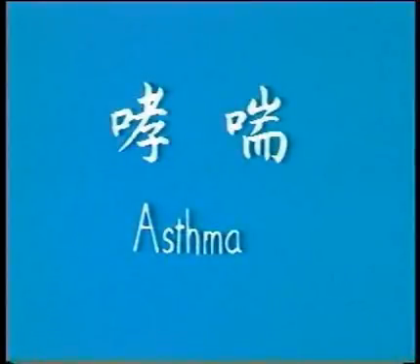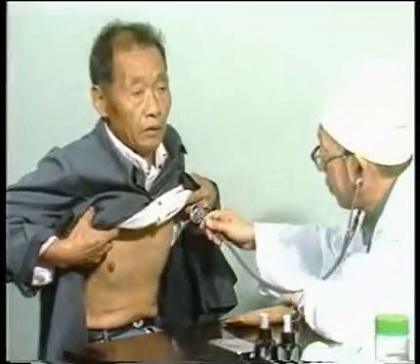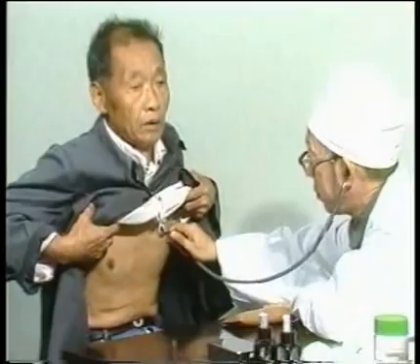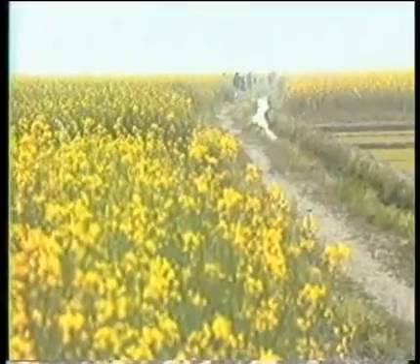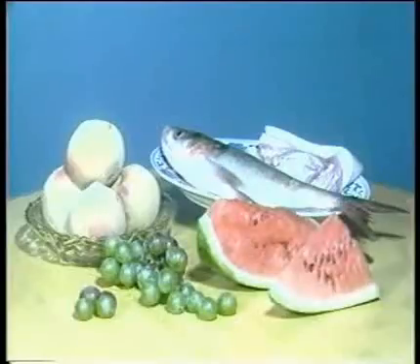Asthma. Asthma is usually caused by wind cold or wind heat. The patient is allergic to pollen, dusty pungent smells, seafood, and other odors that can lead to pulmonary or tracheal disorders.